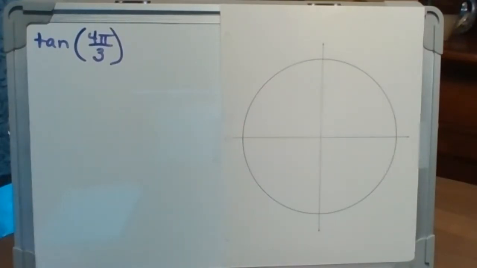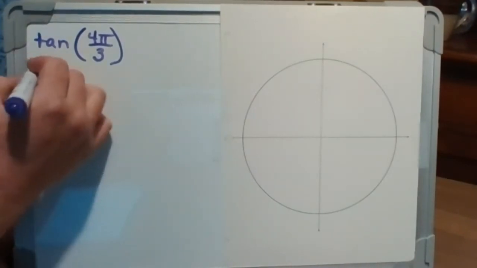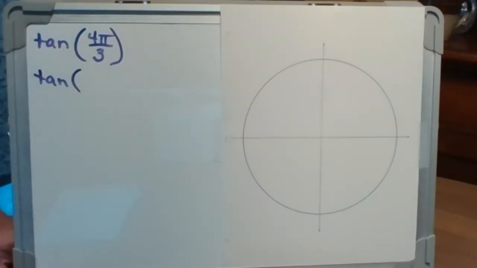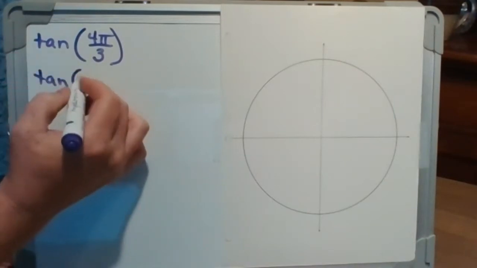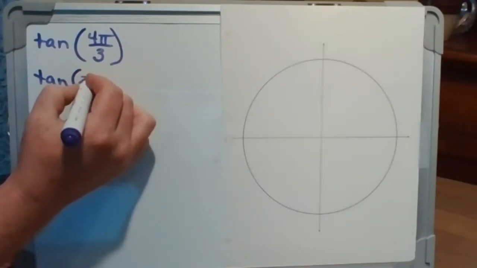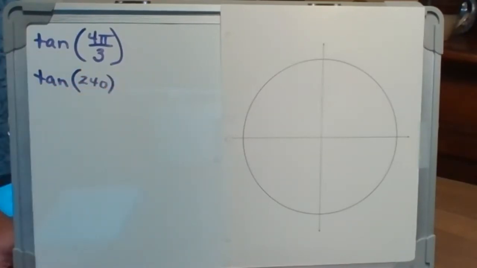All right. Tangent of 4 pi over 3. Well, right away, what's our reference angle going to be? 60. It's going to be 60 because my denominator was 3. But we have to make sure we put the 60 in the right spot. So we still need to think degrees. 4 pi over 3, what's our degree measure? 240 degrees. 240 degrees is going to be in which quadrant?